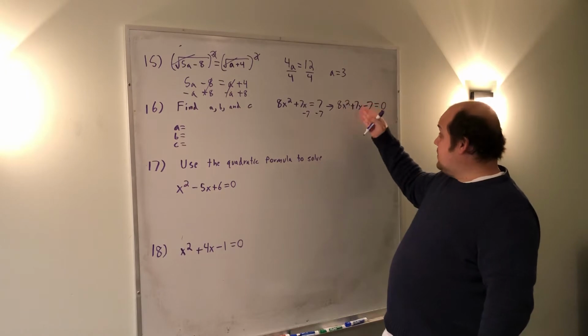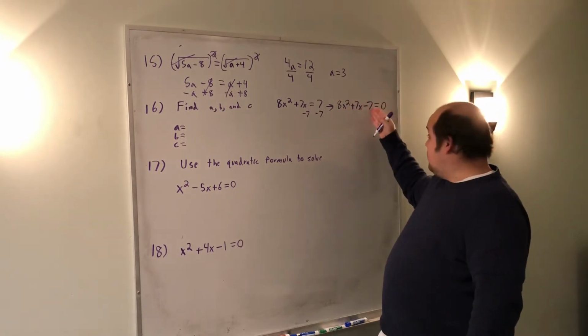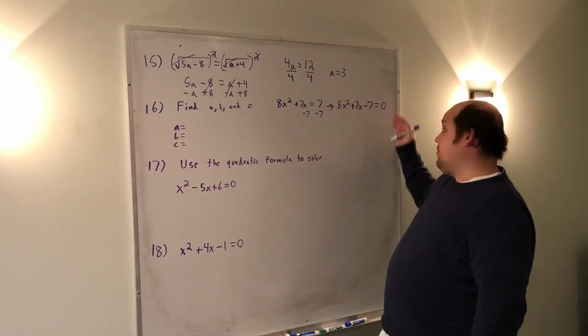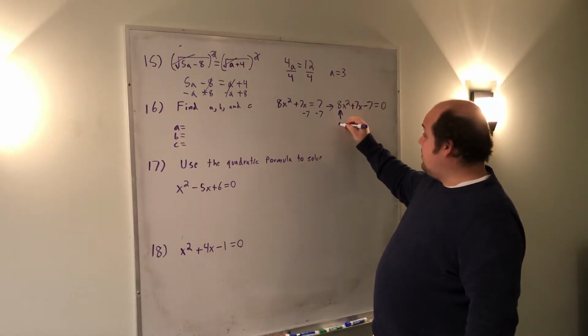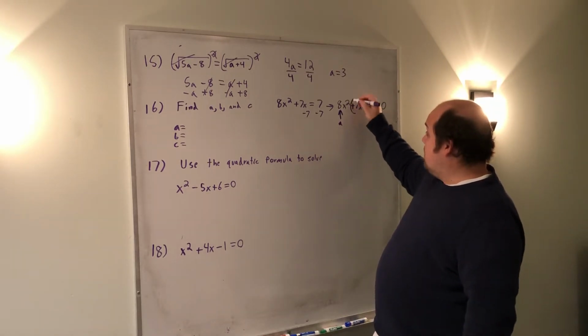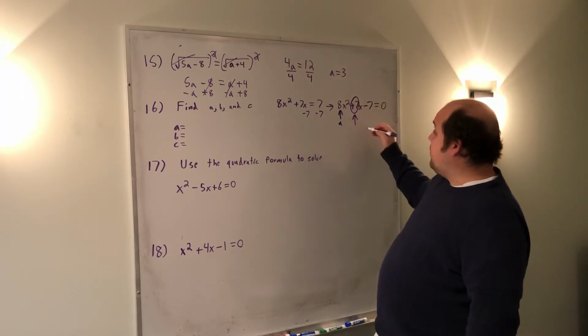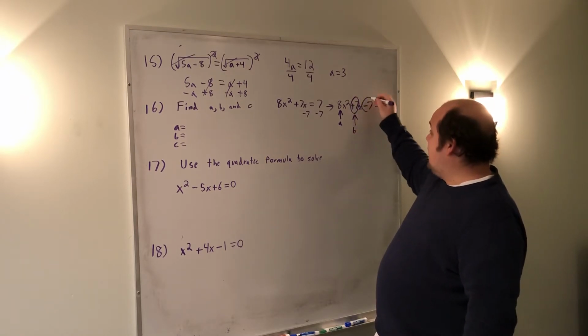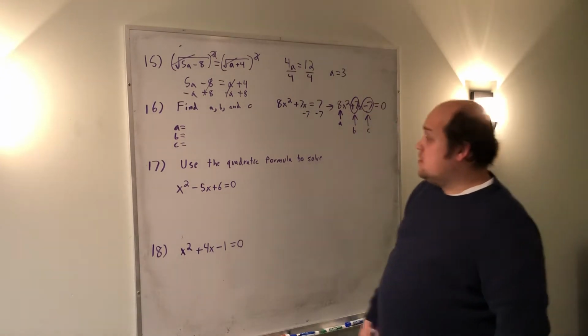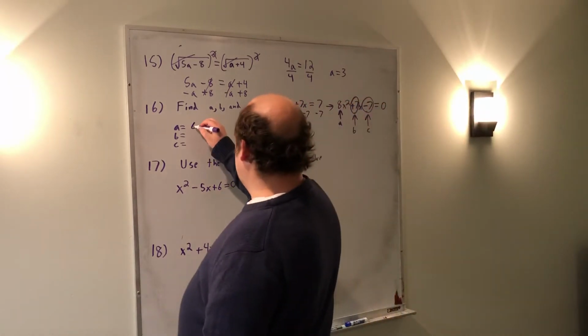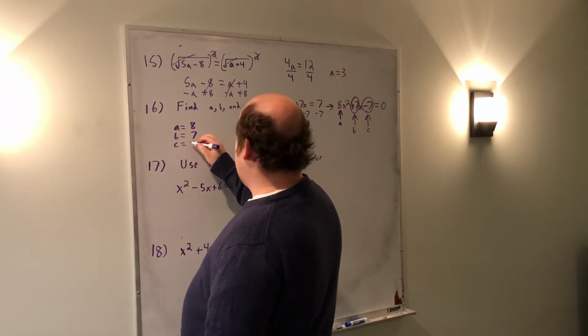Highest power of x, single power of x, no power of x, equals 0. So, what's in front of the x squared term is my a. The sign included, what's in front of x, is my b. And the sign included, the last term without any x's, is my c. So here I would write 8, 7, negative 7.